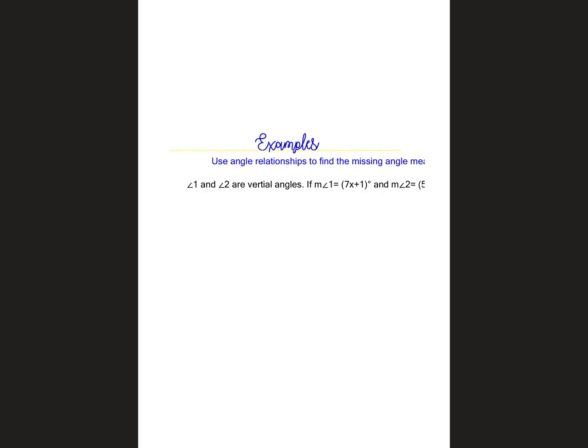For our last example, it tells us angle 1 and 2 are vertical angles, so we know that they are equal. So 7x plus 1 equals 5x plus 47. Subtract 5x from both sides.